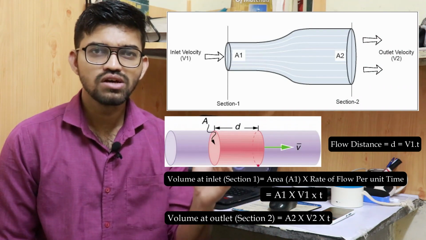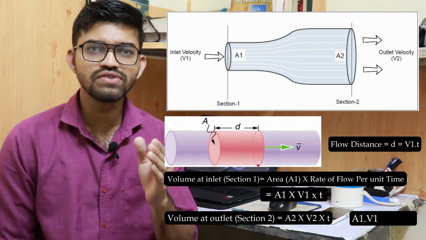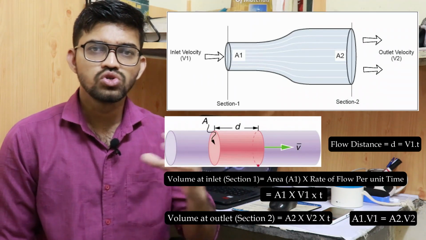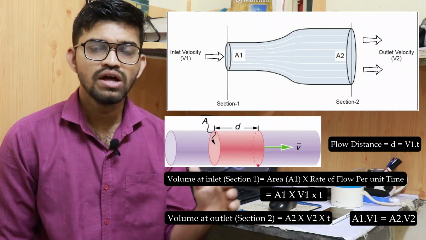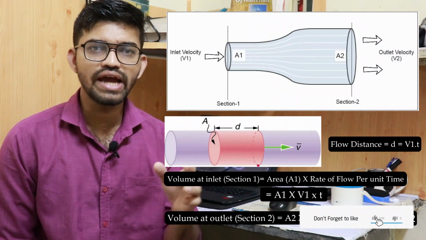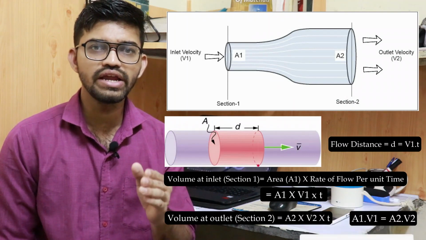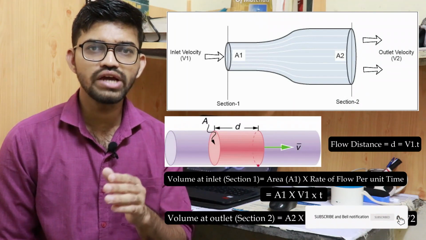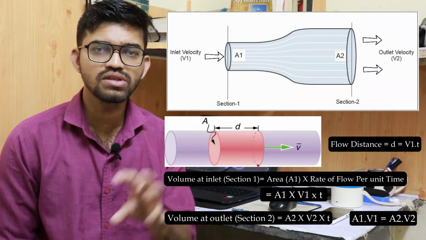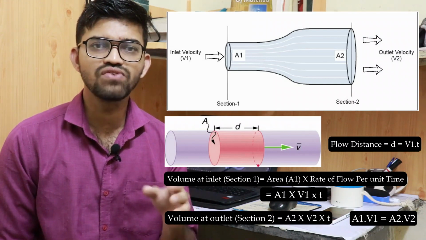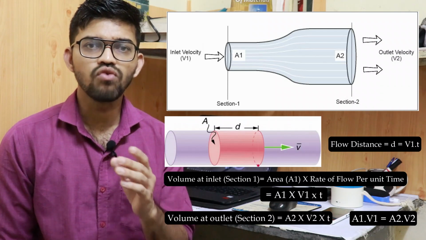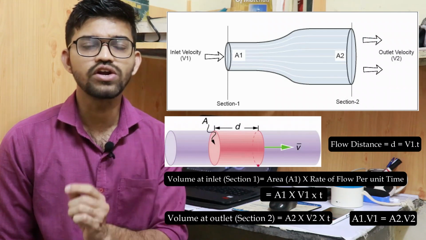My formula becomes A1 v1 is equal to A2 v2. This is the equation of continuity. The area into velocity at the inlet is equal to the area into velocity at the outlet. This continuity equation determines that the volume of fluid flow at the inlet will be equal to the volume at the outlet.